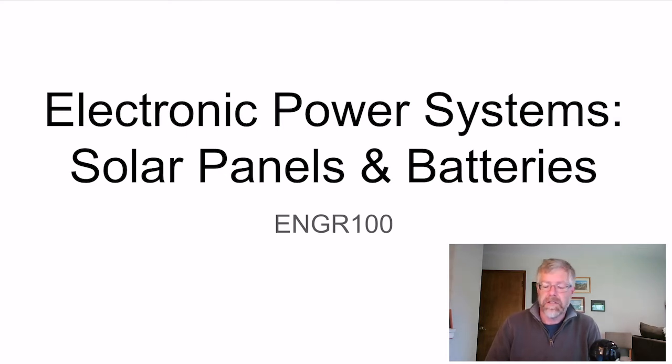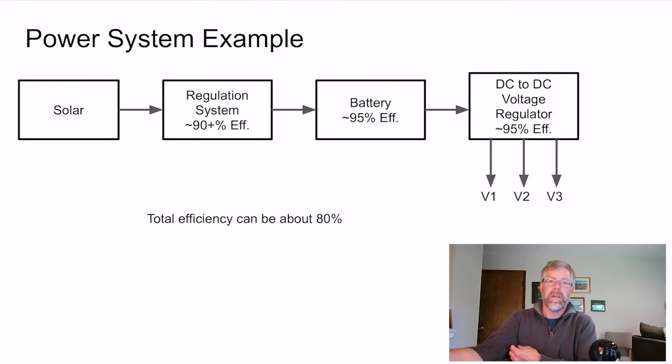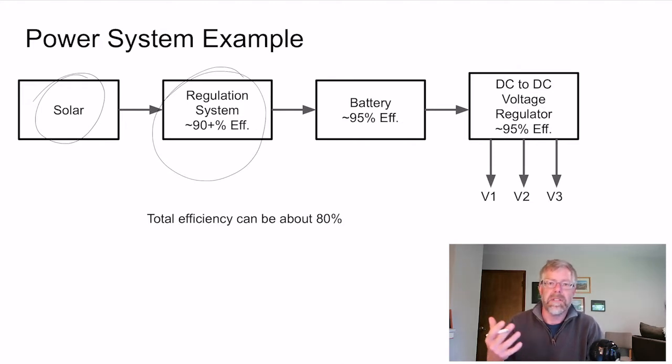Today we're going to talk about electronic power systems in terms of solar panels and batteries, and basically that system that comes together. So here's an electronic power system example. We start off with solar panels, and that brings in the energy, and then we have some sort of regulation system which will take the solar power and turn it into battery power.